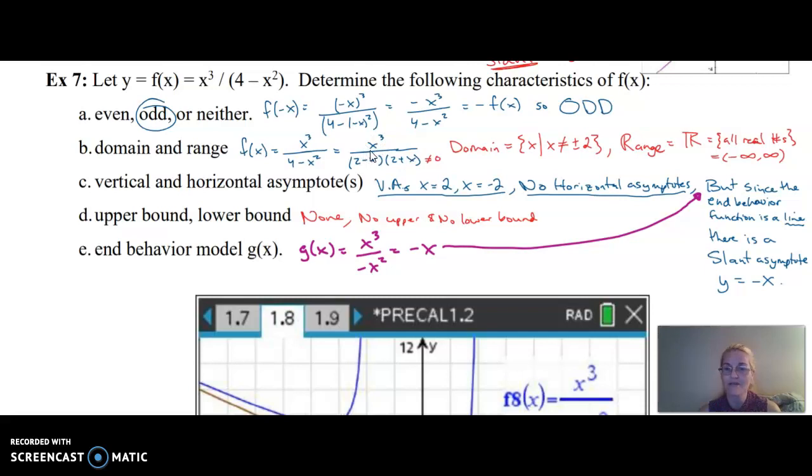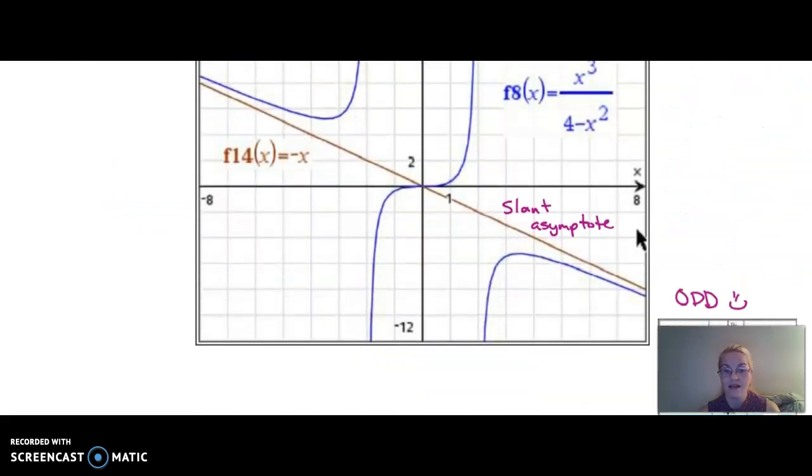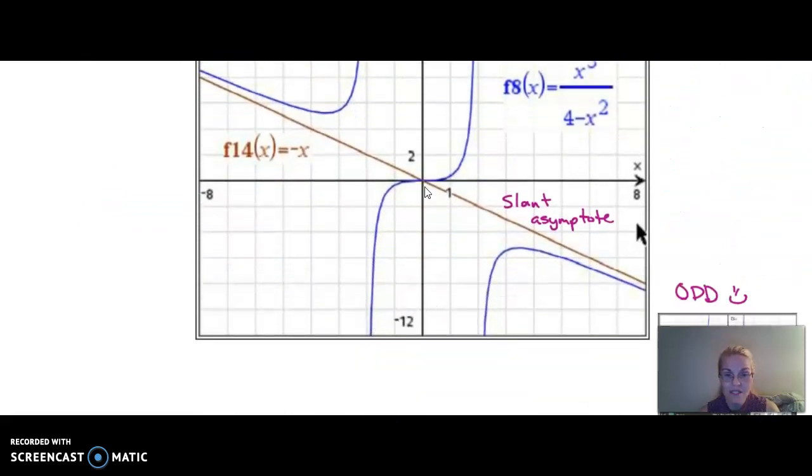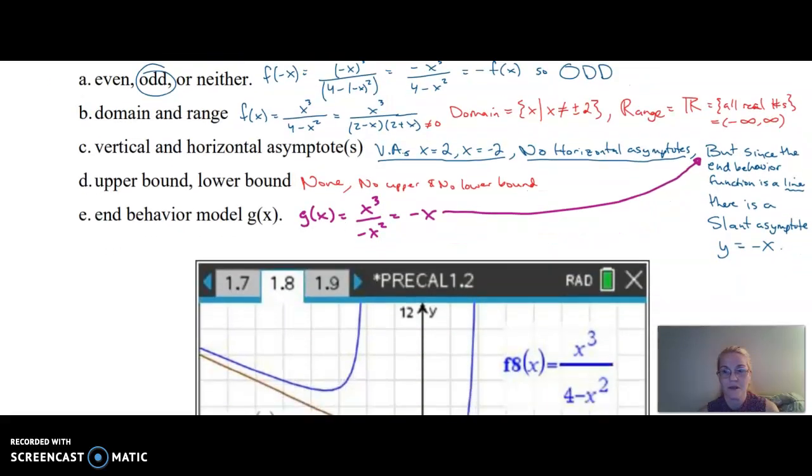Just from the equation, the range might not be so obvious. So let's take a sneak peek right now at the graph down below. And yeah, we can clearly see from this part of the graph, the range is everything from negative infinity up to positive infinity. So bold R means all real numbers, or you could have written it in interval notation from negative infinity to positive infinity.